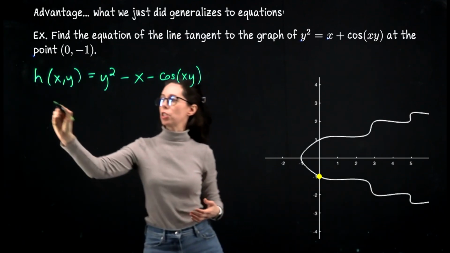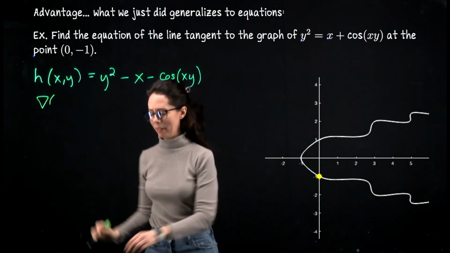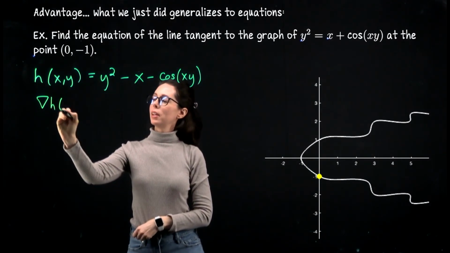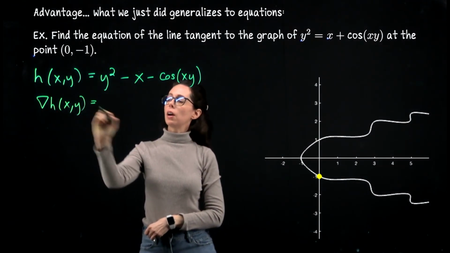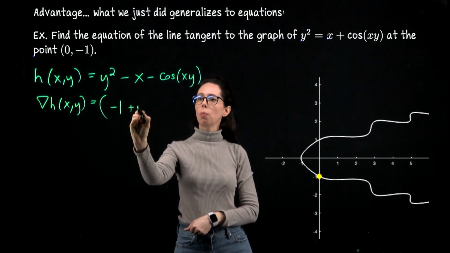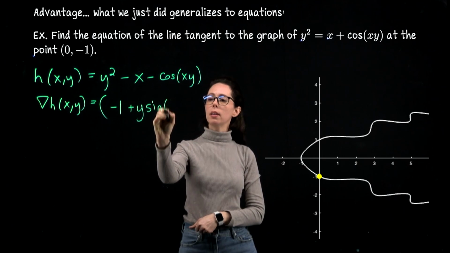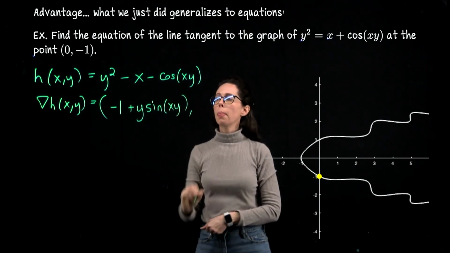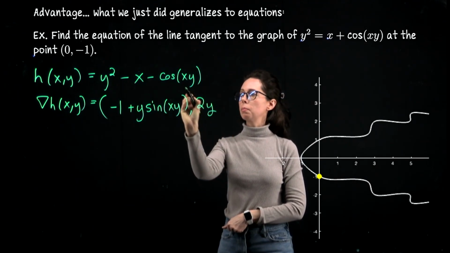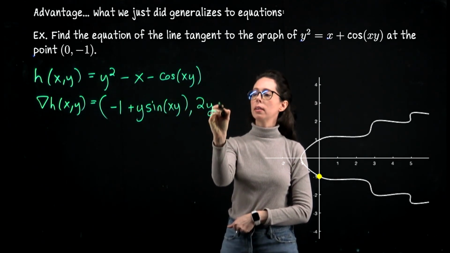Let's compute the gradient of h in general. Okay, so gradient of h, in general, at any point in R2 would look like -1 plus y sine of xy, 2y plus x sine of xy.